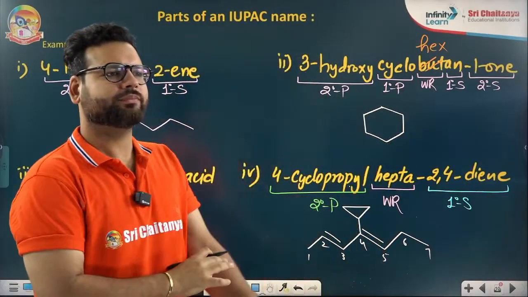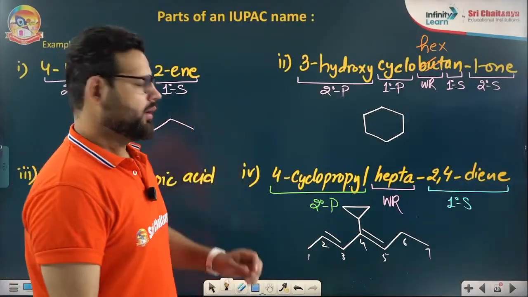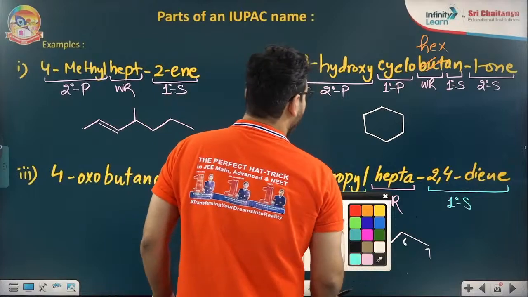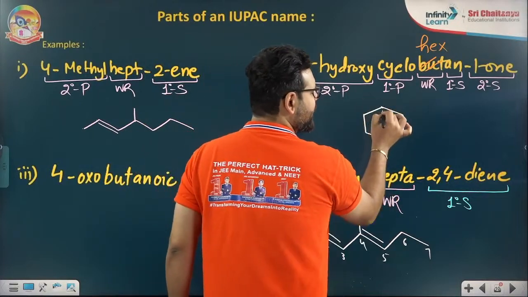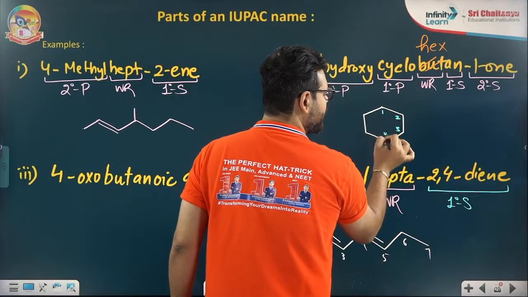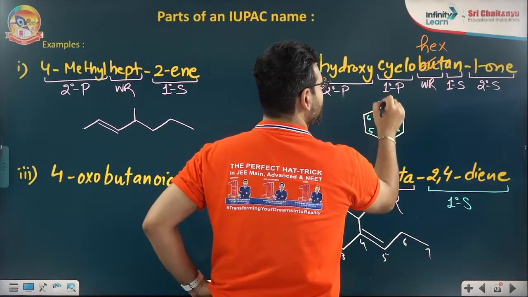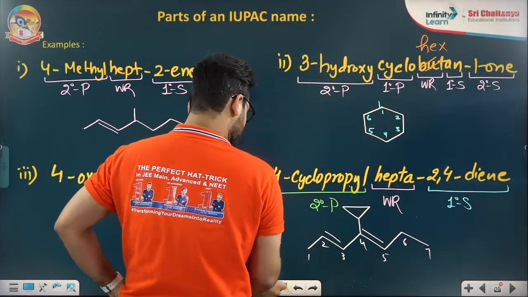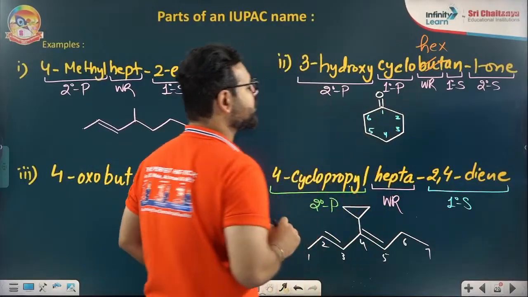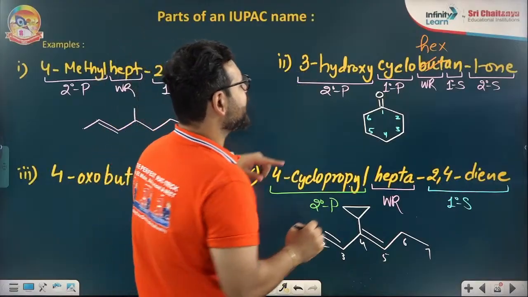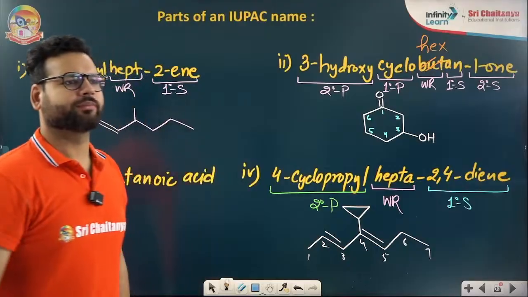Now, numbering you can start from anywhere. I am writing the numbers in the middle of the ring. 1, 2, 3, 4, 5, 6. At number 1, there is a ketone. So, one gets the suffix, because when you look at the functional group priority table, you know ketone is more important than alcohol. At number 3, we get hydroxy. Put an OH here.